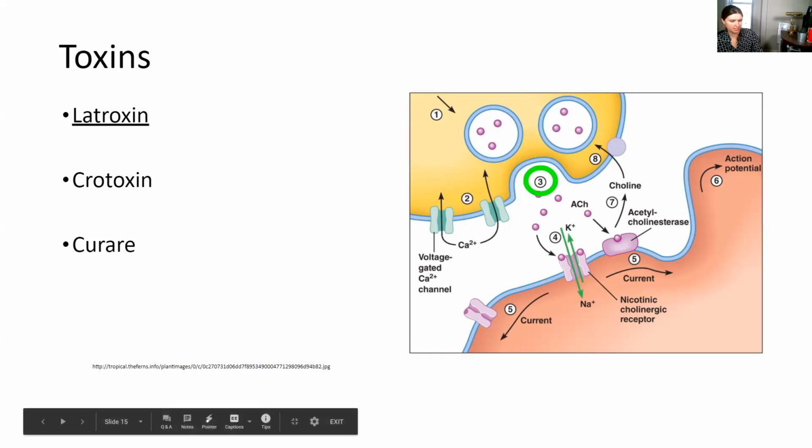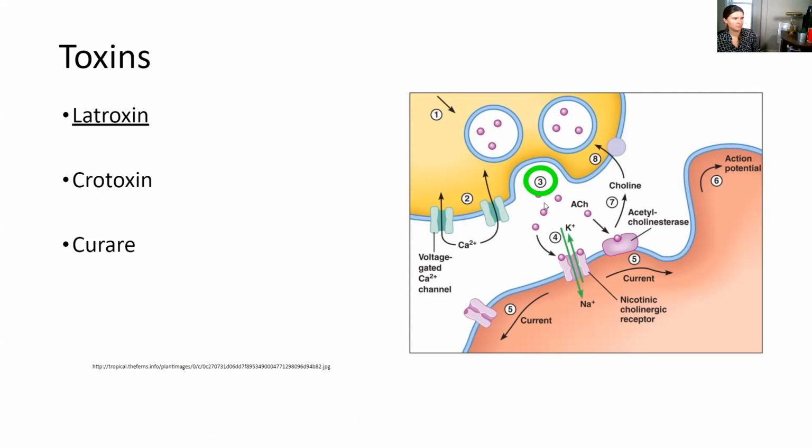So the first one we're going to think about is latroxin. What latroxin does, I've put a green circle here around number 3, is basically cause the release of a lot more acetylcholine, lots and lots more acetylcholine. So it basically ends up overwhelming the muscle. Because when we have lots and lots of acetylcholine, we're hitting lots and lots of receptors in the muscle.